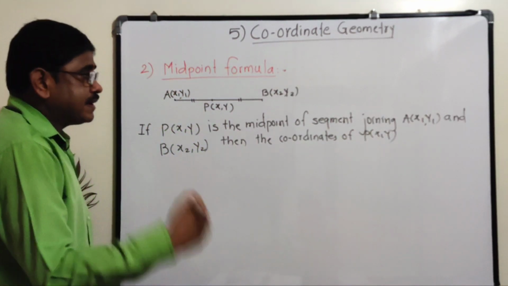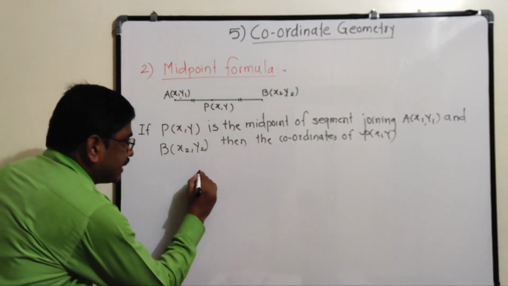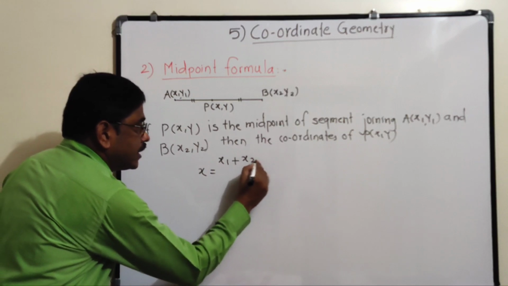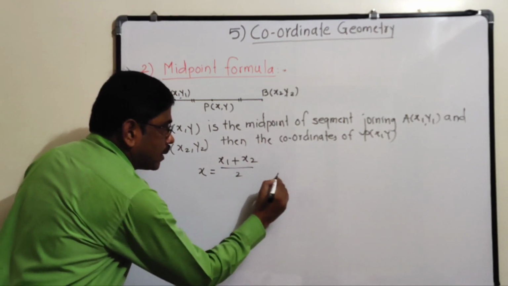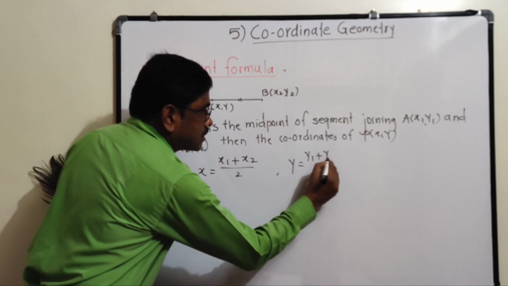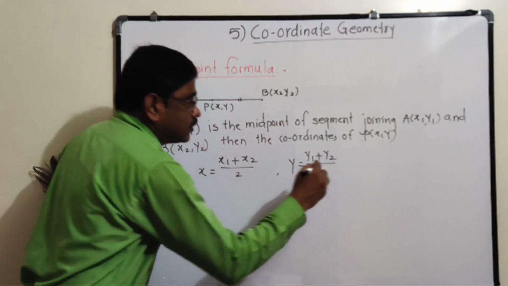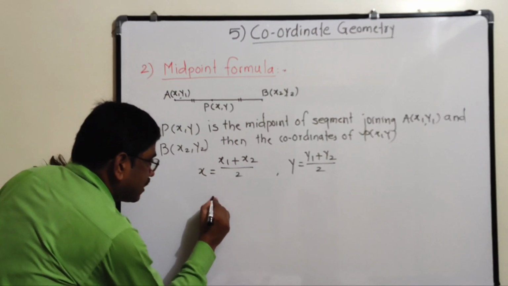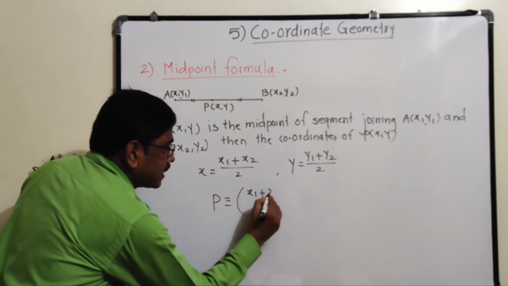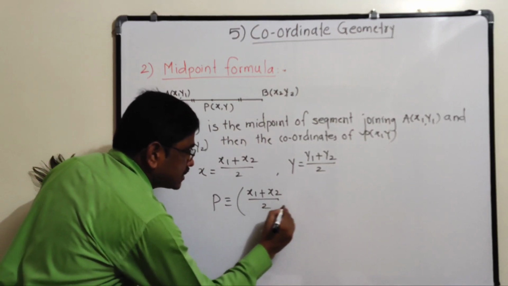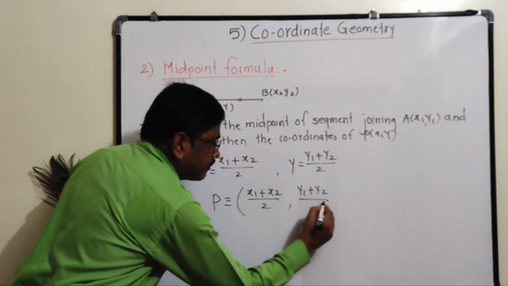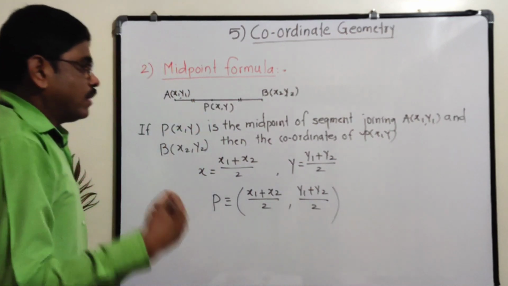(x, y), how will we get the coordinates? The x coordinate is (x1 + x2) divided by 2, and the y coordinate formula is (y1 + y2) divided by 2. So we can write the midpoint formula as (x1 + x2)/2, this is the x coordinate, and (y1 + y2)/2, this is the y coordinate.